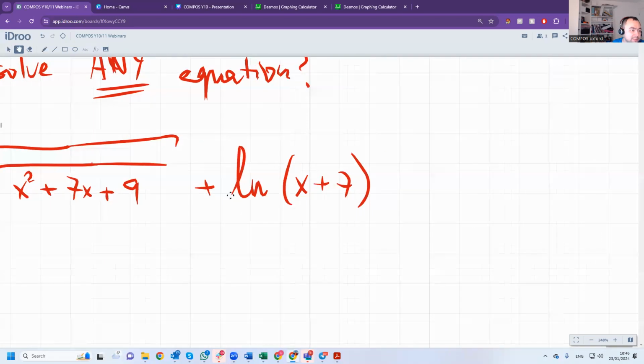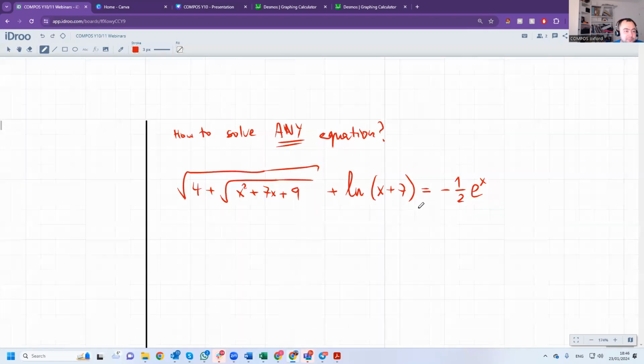I don't know why 7 comes up again, but anyway, equal to minus 1/2 e to the power x. I don't know. Okay, I've run out of food.